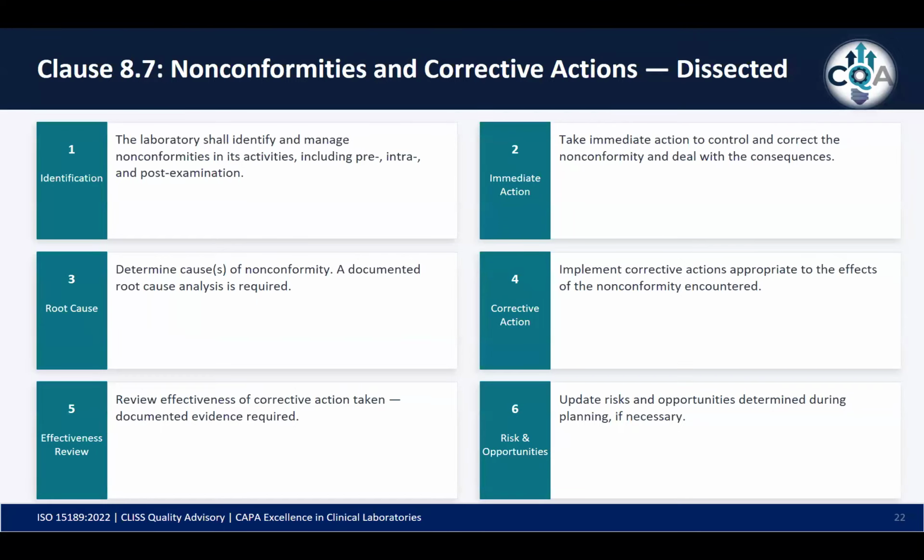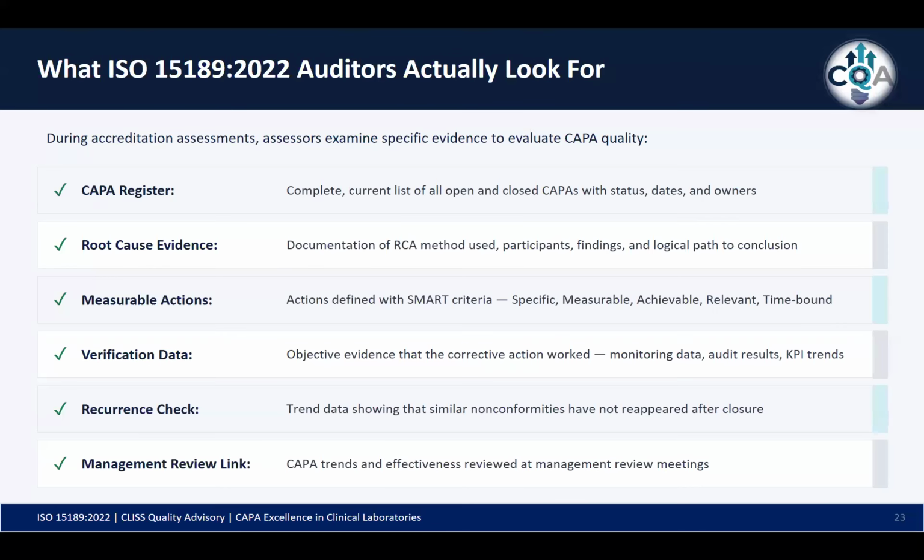If you implement this, you'll be fully compliant, and also you'll be implementing a system that speaks to patient safety. What your auditors are actually looking for is a CAPA register that is complete, listing all open and closed CAPAs with status, dates, and owners clearly captured.